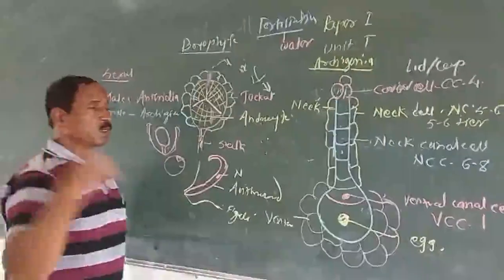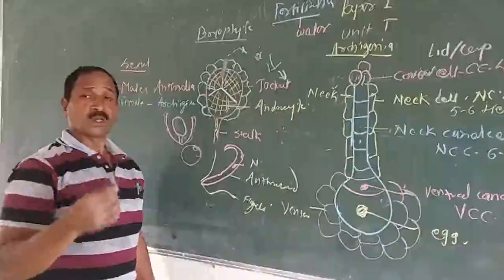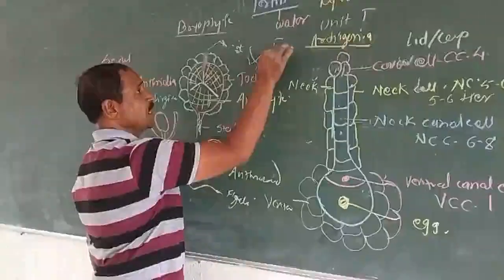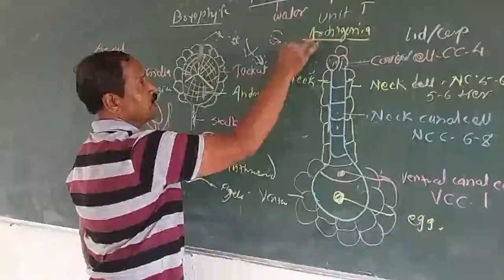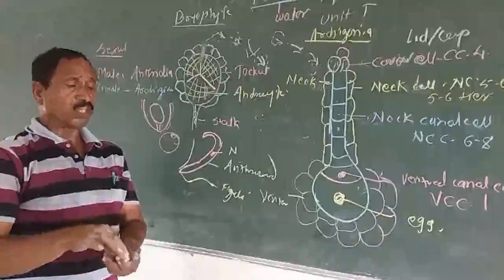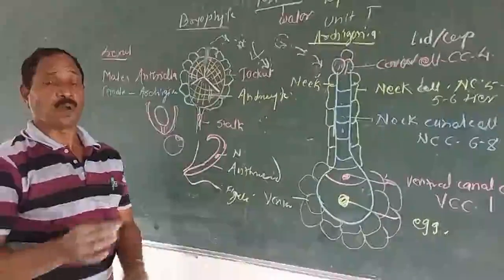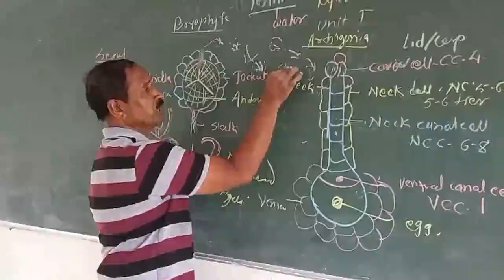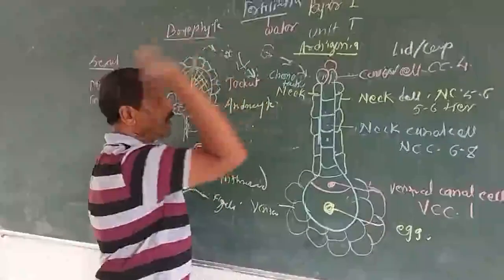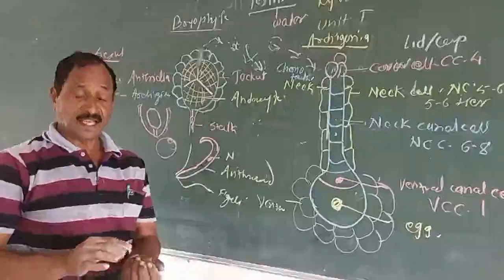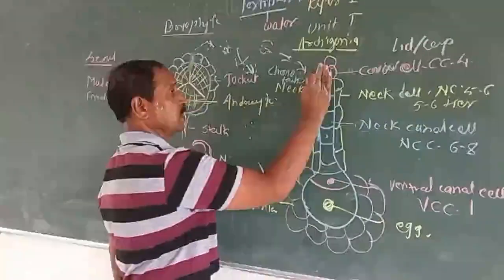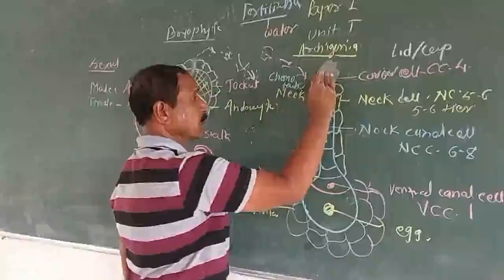In the water drops, these anthrozoids, with the help of mucilage, swim in the water and reach towards the archegonium with the help of chemotactic movement.